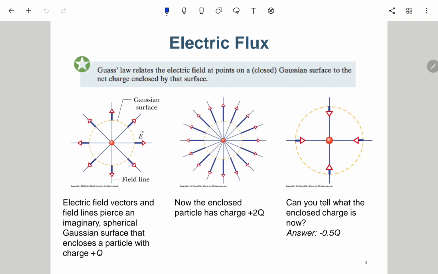Okay, so the first variable we would like to introduce in this chapter is called the electric flux, as I mentioned, the 电通量. And here is the highlight.